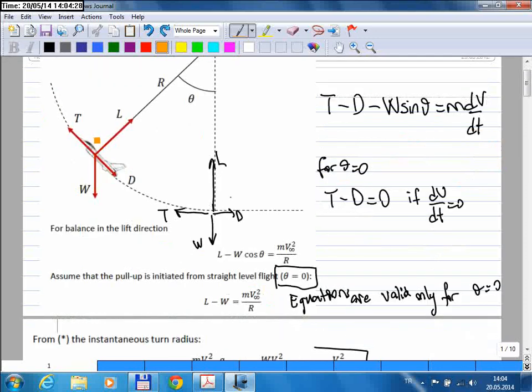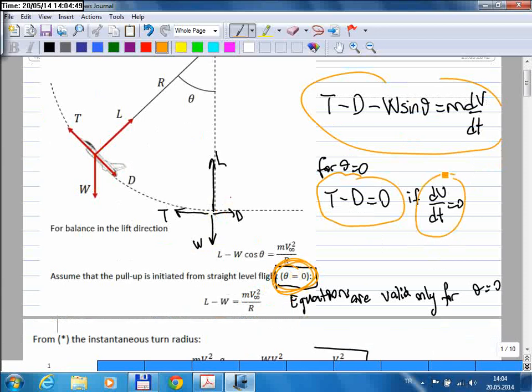So, for example, consider the beginning of this maneuver. If you assume that the aircraft performs the maneuver from a steady level flight condition, then at the very beginning theta is equal to 0. If you insert theta equal to 0, this first equation becomes thrust equals drag, assuming the acceleration is 0, and the second equation becomes this.